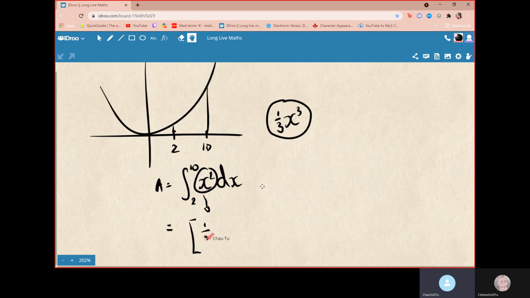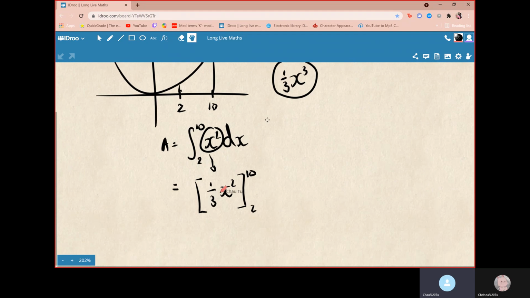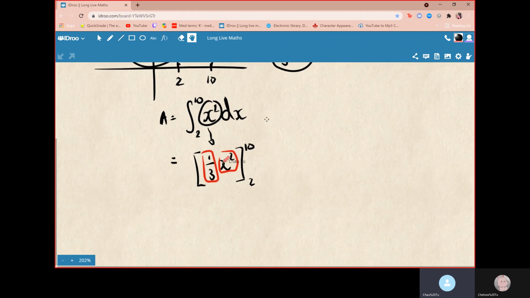So it would be a third x squared from 2 to 10. And then here you've got a fraction, and then you're timesing a block, so it gets multiplied to the top. So I can write it as x squared over 3 from 2 to 10. Are you okay with that?